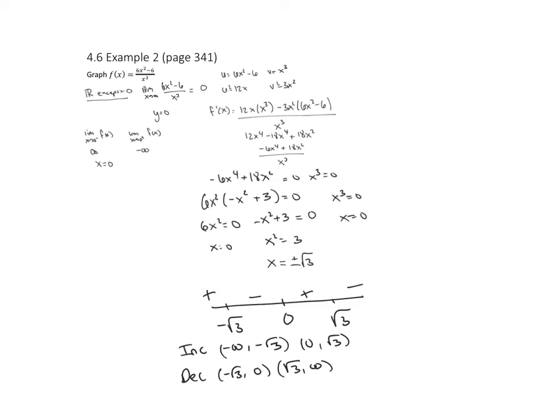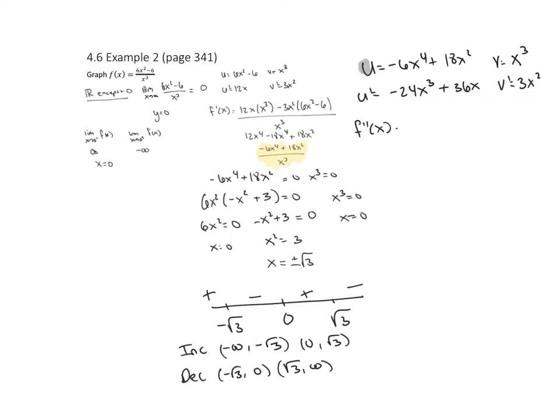I'm going to be using this simplified version to help me find my second derivative. Again, it will be a u and a v. So my numerator is my u, negative 6x to the 4th plus 18x squared, and my v is x cubed. U prime is negative 24x cubed plus 36x, and my v prime is 3x squared.